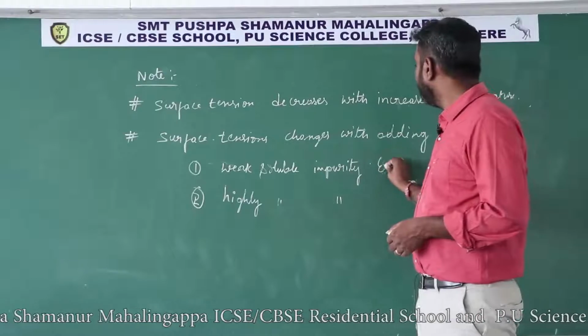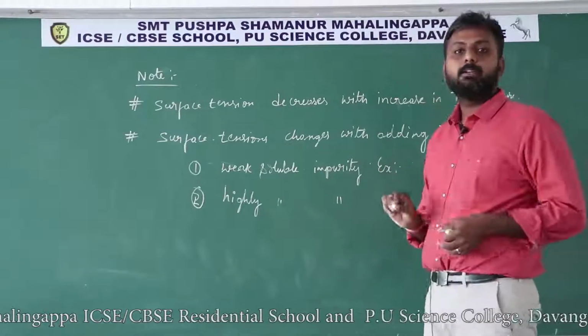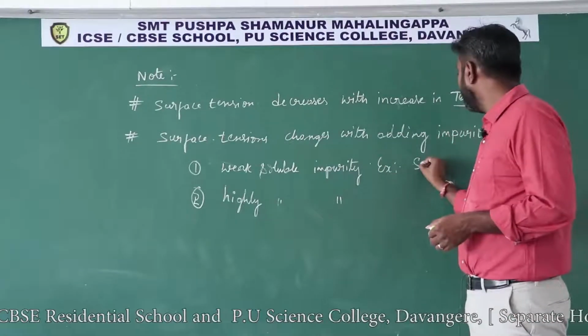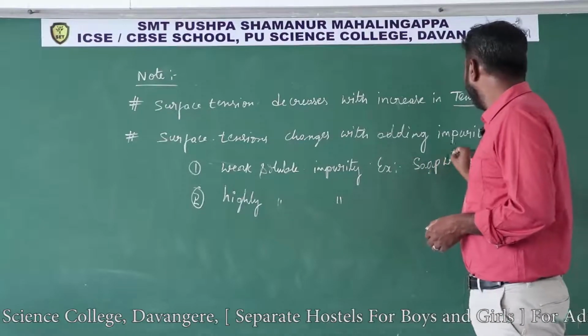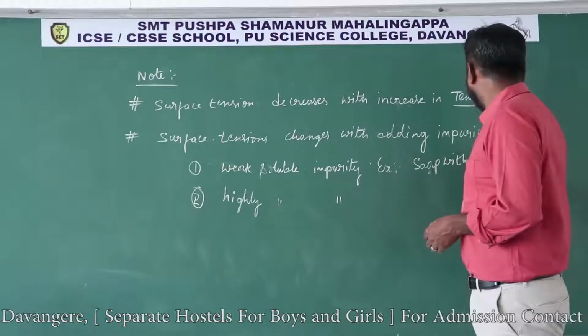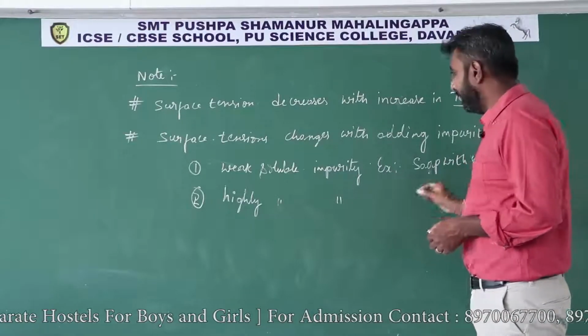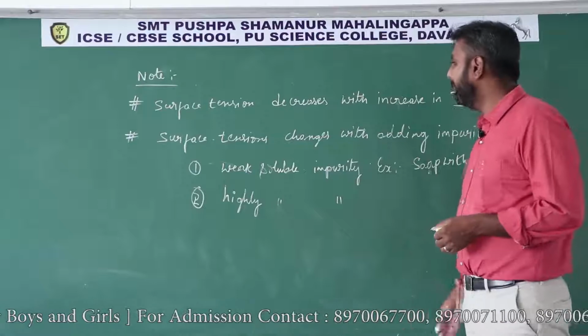What is the example of a weak soluble impurity? If you add soap to water, that is called a weak soluble impurity.